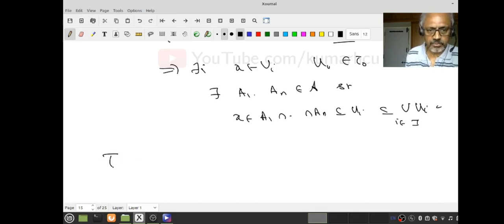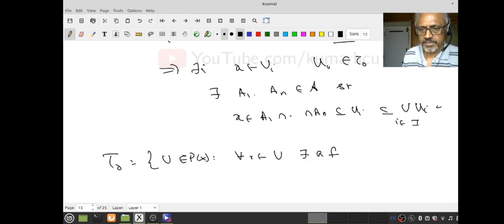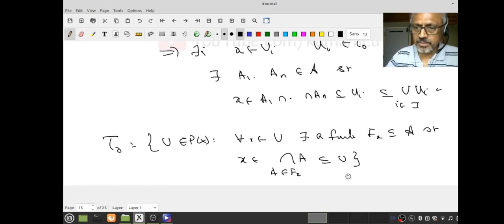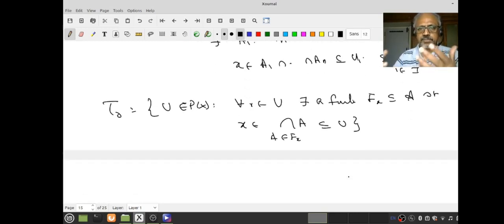I will simply say tau naught is the set of U, a subset of P of X, so that for each X in U, there exists a finite subset F of script A, so that X belongs to the intersection of A over A in the finite set, and that is contained in U. That means the finite set will depend upon X. So how many elements are there?